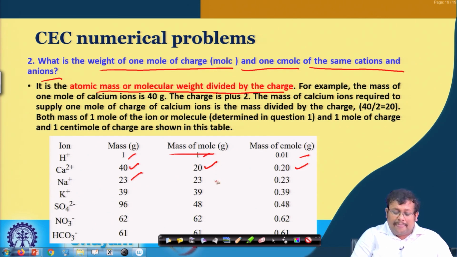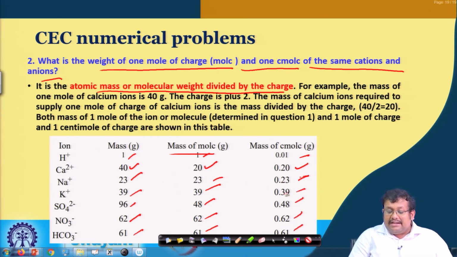In the case of sodium, we get the same value for the mass of molar charge and mass of centimole charge. K+ is also the same. In the case of sulphate, it is 96 by 2, that is 48. In the case of nitrate, it is 62, the same. In the case of bicarbonate, it is 61, the same. However, when converting into the centimolar charge, we take 1/100th of the mass of molar charge. So, this is also a very simple solution.